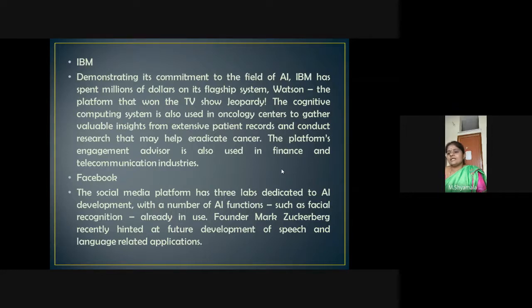Next is Facebook, the social media platform that has labs dedicated to AI development, with a number of artificial intelligence functions such as facial recognition already in use. Founder Mark Zuckerberg recently hinted at future development of speech and language related applications.